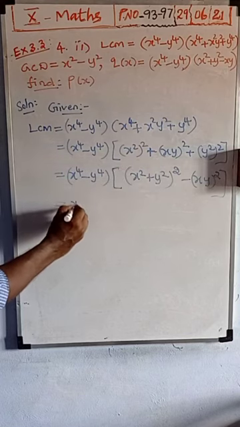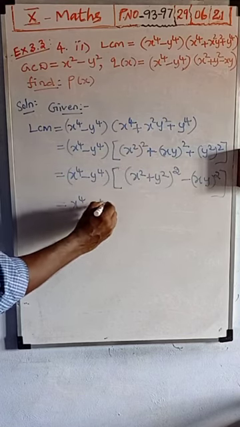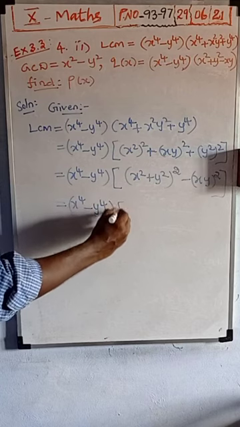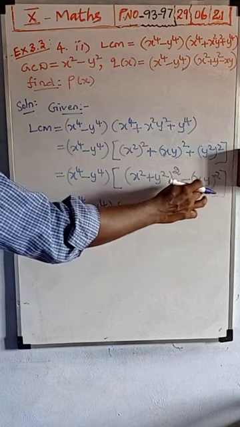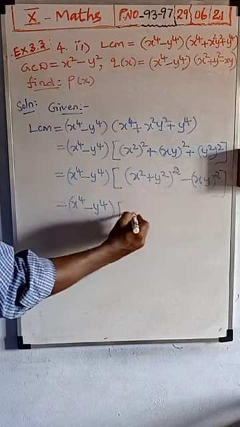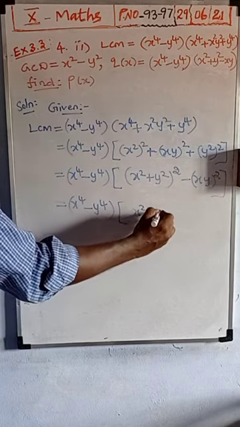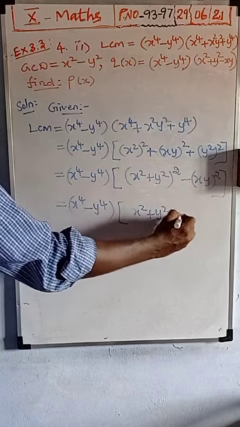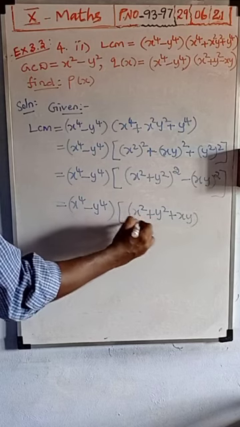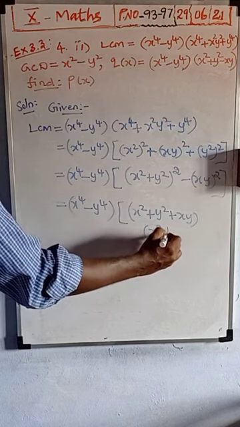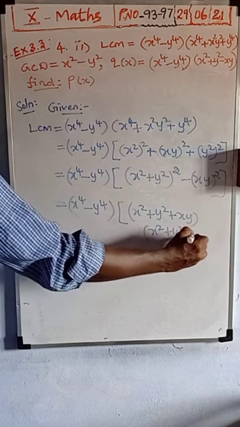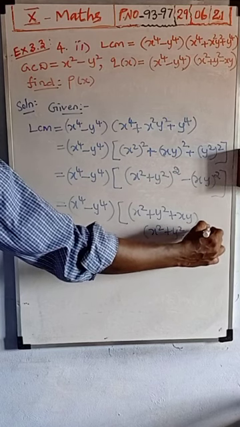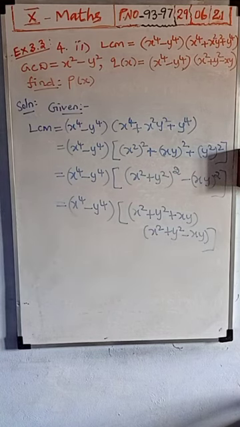Now x power 4 minus y power 4 into this: a square minus b square means a plus b into a minus b. Okay, this is the LCM.